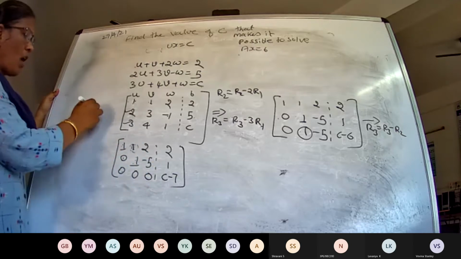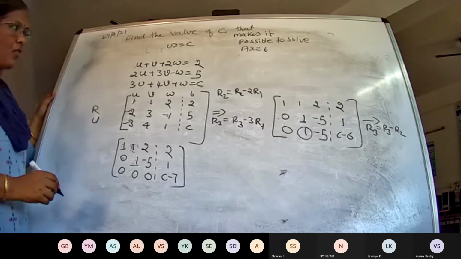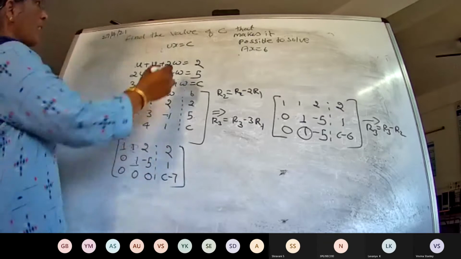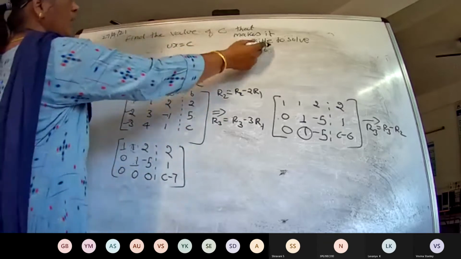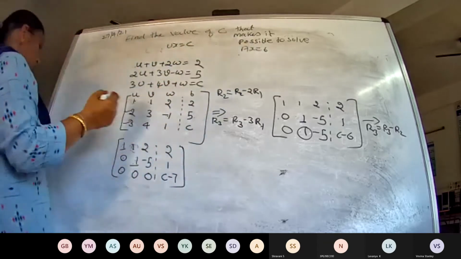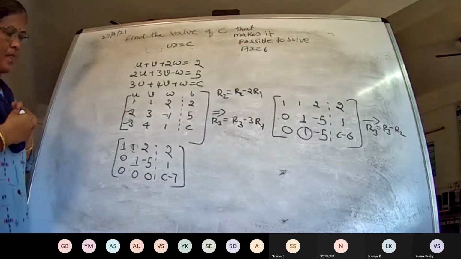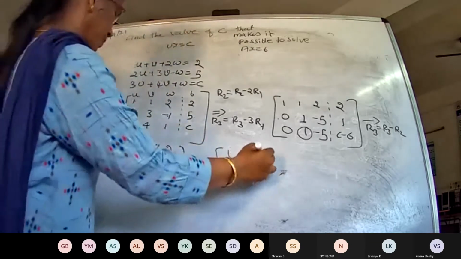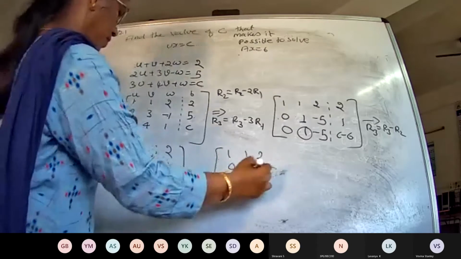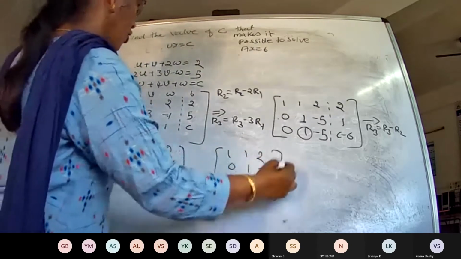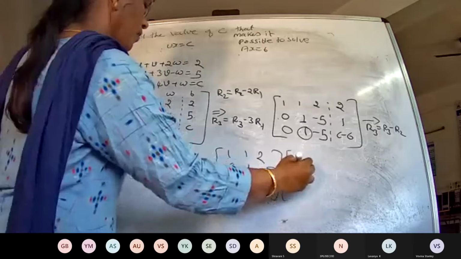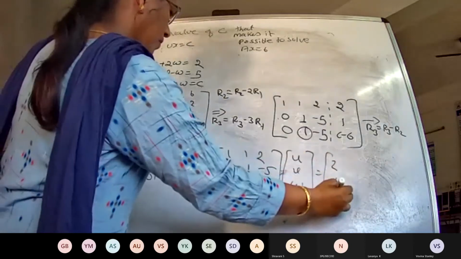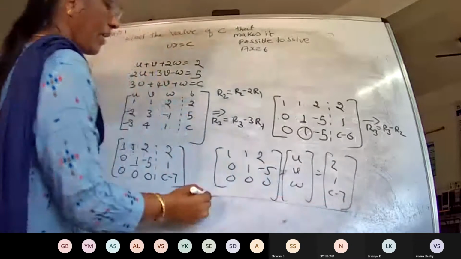Okay, you can even solve R or you can even solve U. Okay, echelon form. Now tell me what should be the value of C so that it makes it possible to solve AX equals B. Now actually this is U. It's not necessary that you have to write this one.